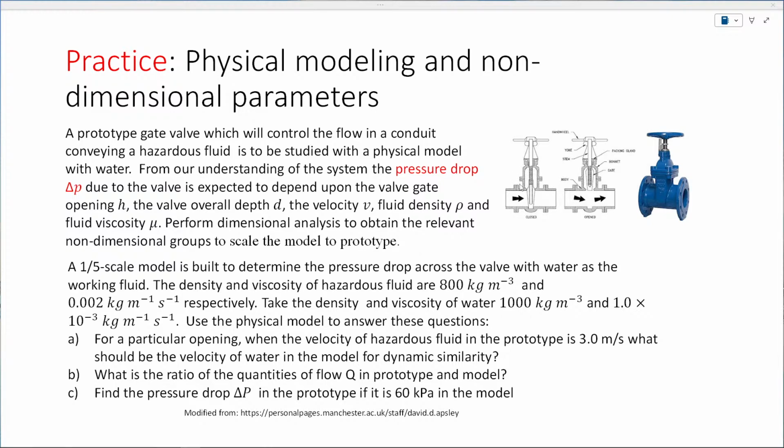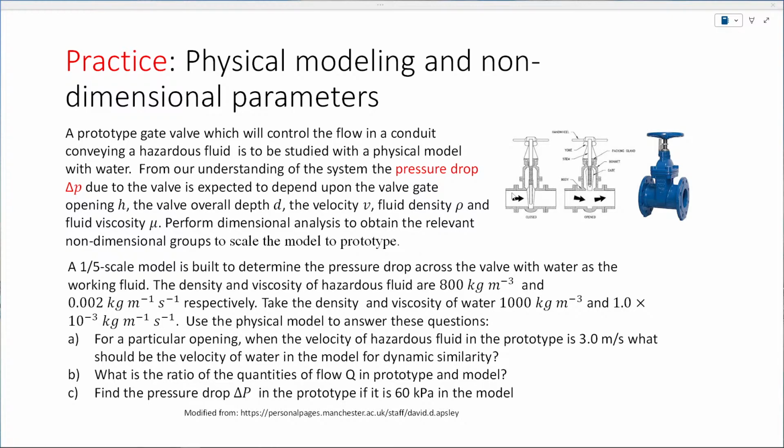This gate valve will be conveying some hazardous fluid, but we want to study the drop of energy, or pressure drop, in the lab, and we don't want to use this hazardous fluid.